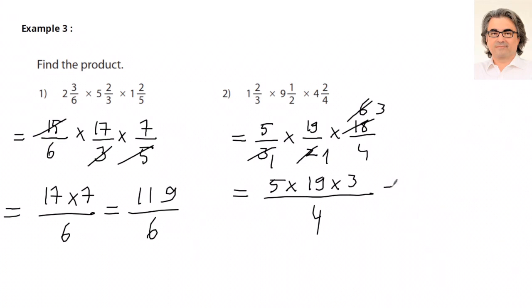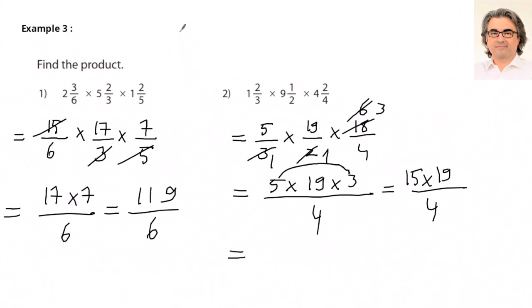Okay. Now, 5 times 3 is 15. 15 times 19 over 4. What about the final result?